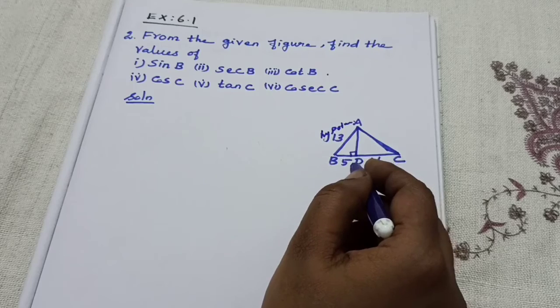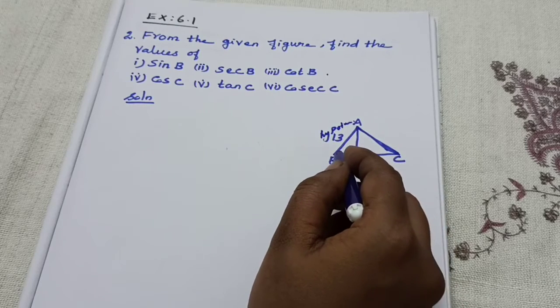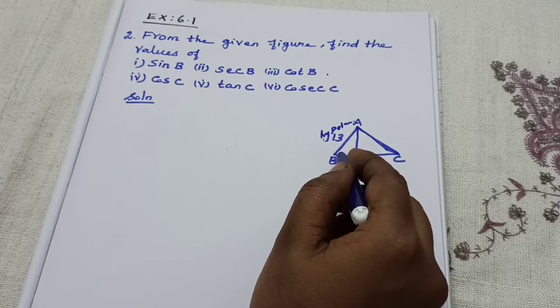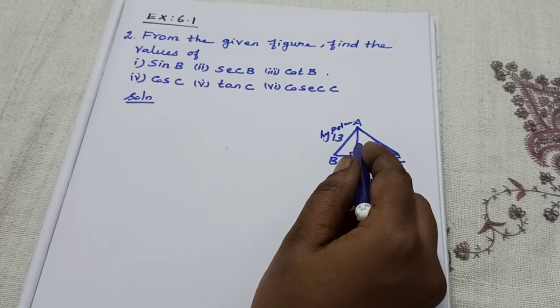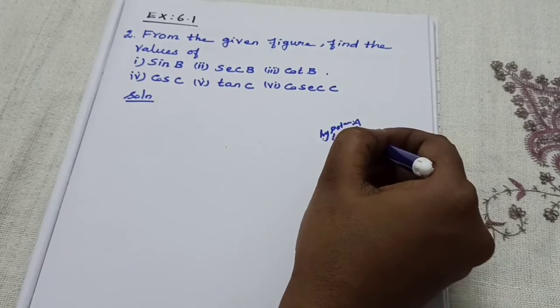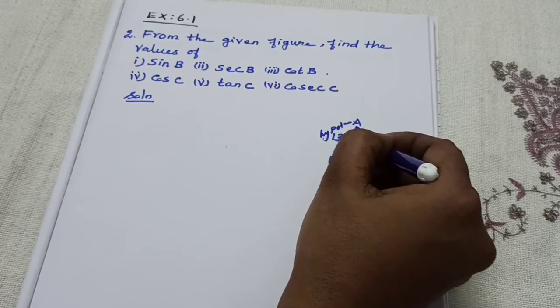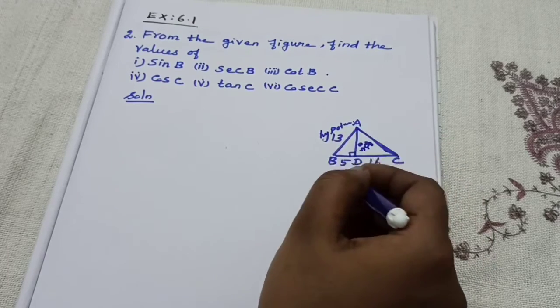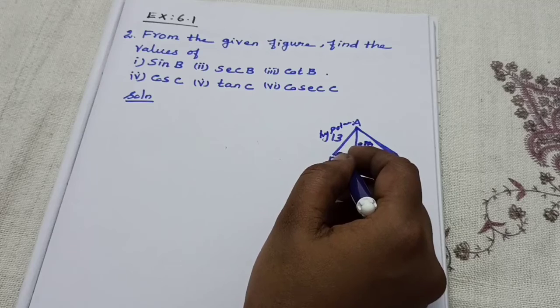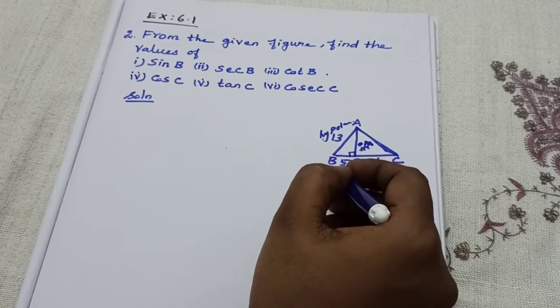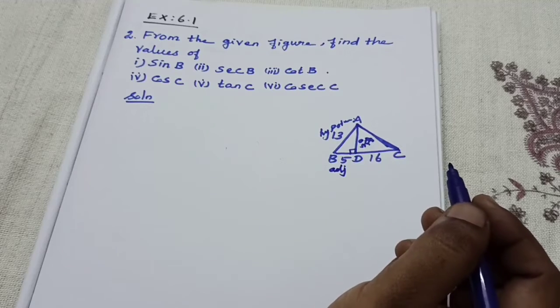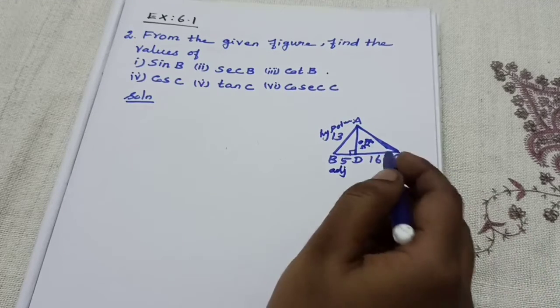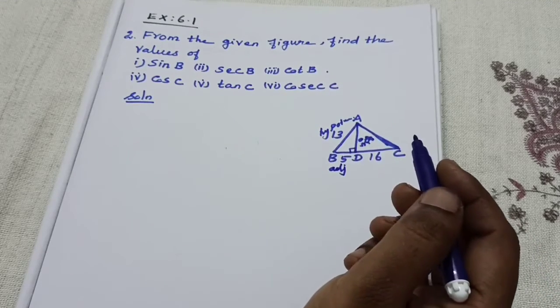Then if this is the angle, which is the opposite side? This is the opposite side. Have you understood? Then for this angle B, which is the adjacent side? This is the adjacent side. Like that only we also have to find for C.